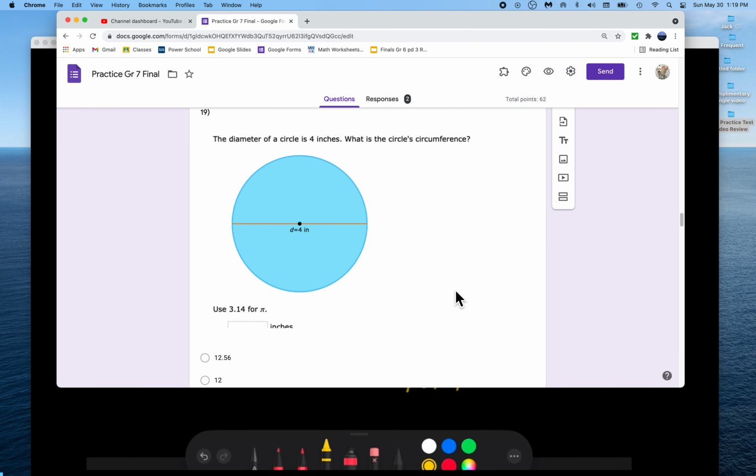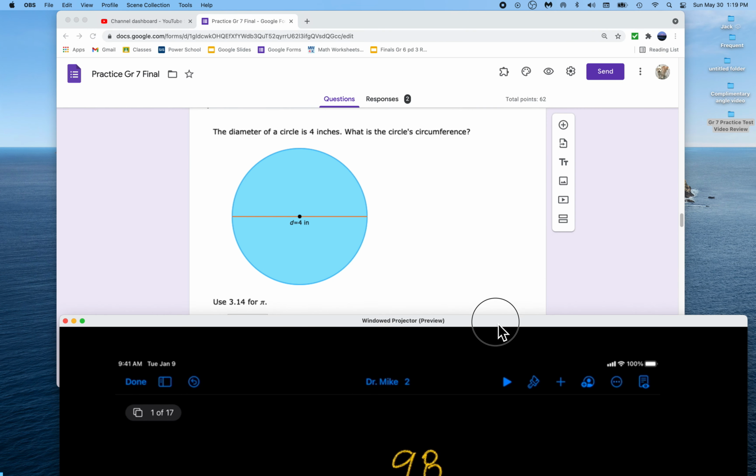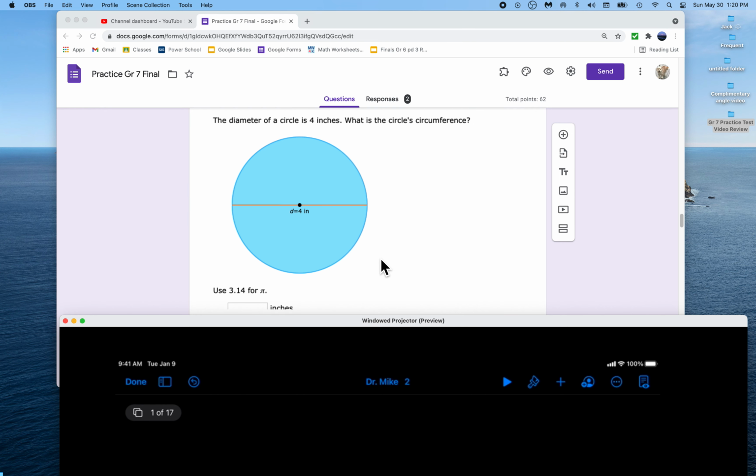Okay, let's go to this one. This one is pretty straightforward. I've seen this before in class many times. Let's talk about it. The diameter is 4. What's the circumference? Remember, circumference means distance around the circle, very similar to perimeter of a rectangle or a quadrilateral.